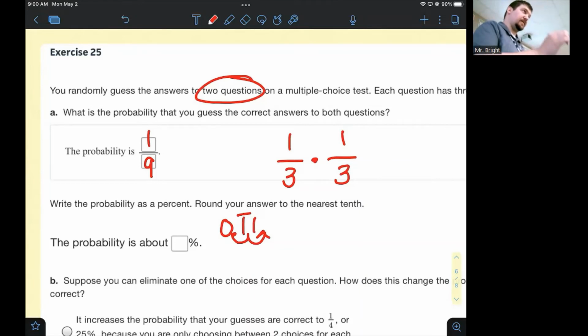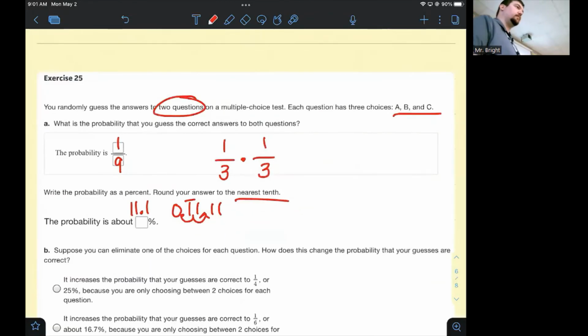Another 1 because it's repeating, right? And then this one here is also a 1, because it wants the nearest 10th. So is that closer to 11.1 or 11.2%? It's going to stay at 11.1. So you have an 11.1% chance of getting both questions correct.